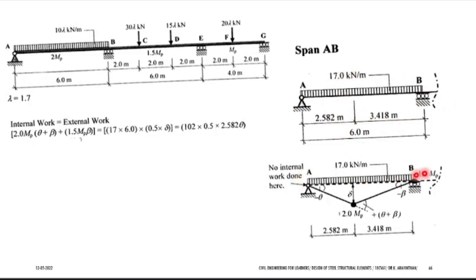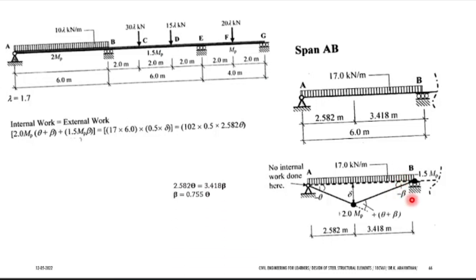Now your first mechanism is ready to calculate load into area. What is your load here? 17. What is your area? Area is half BH. So half into what is your breadth? 6. And what is your height? Del. How will you find this del here? You can apply tan theta. You take this as theta and this will not be the same, so you take it as beta.